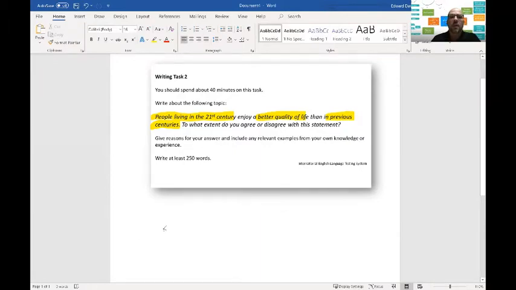Okay, first thing, the obvious way to plan this is to divide it into two sides. So the first side is life, not just life in the past, but arguing in favor of life in the past.